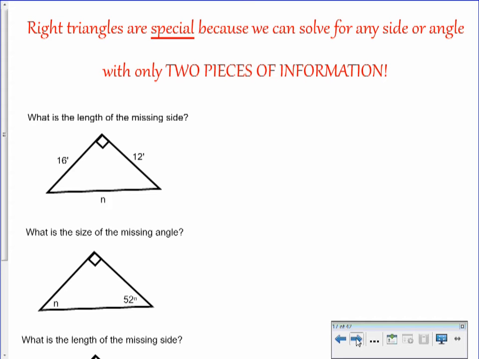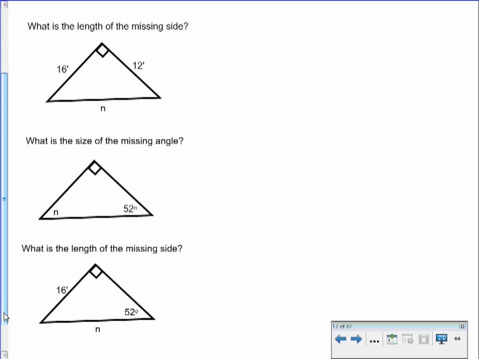What would we need to do to figure out the missing angle in the second one? We know that a whole triangle has 180 total. We know we have 90 and 52. We can add those 2 together and subtract from 180 to figure out what we're missing.